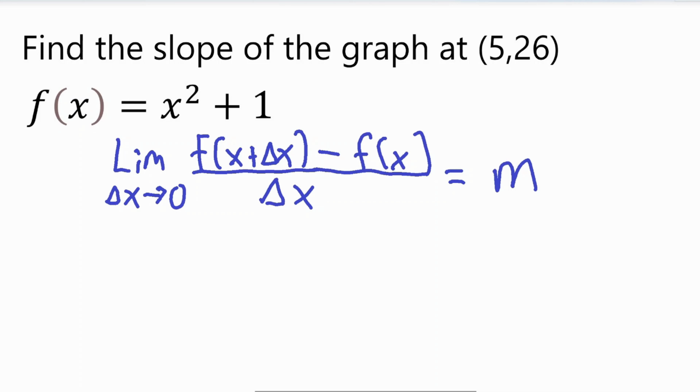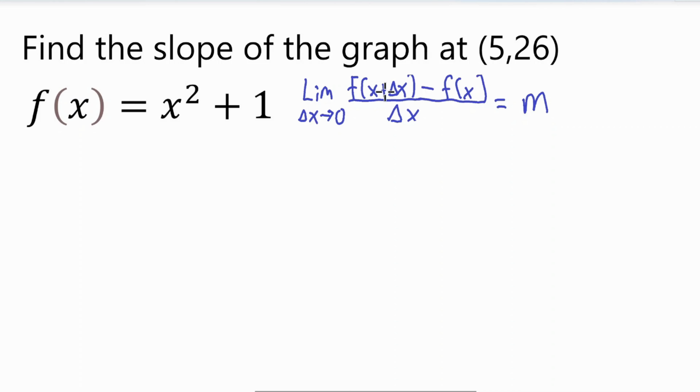And m is the slope. So we have our f of x equation here. Now what we've got to do is plug in x plus change of x into the equation here, and then just simply x, and we'll see what we get from there. We're plugging these into our f of x.